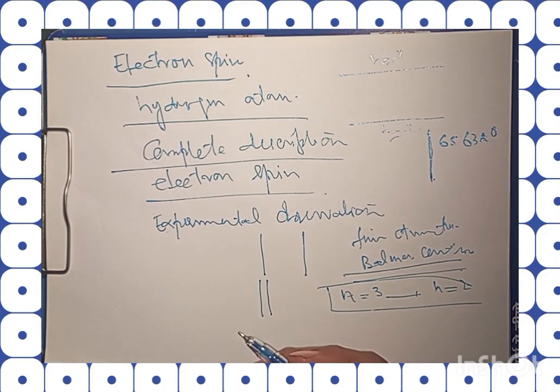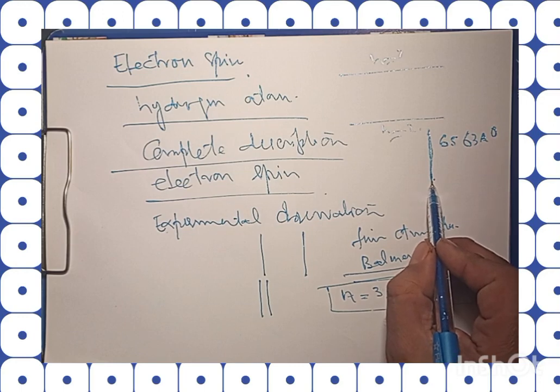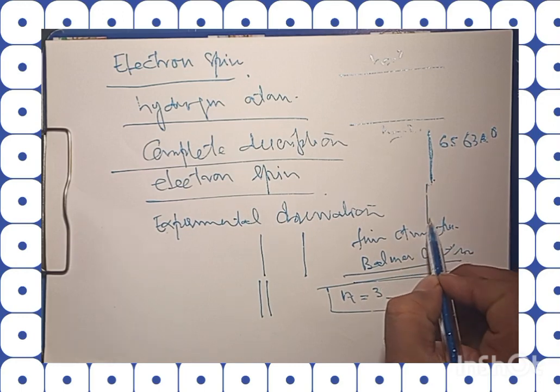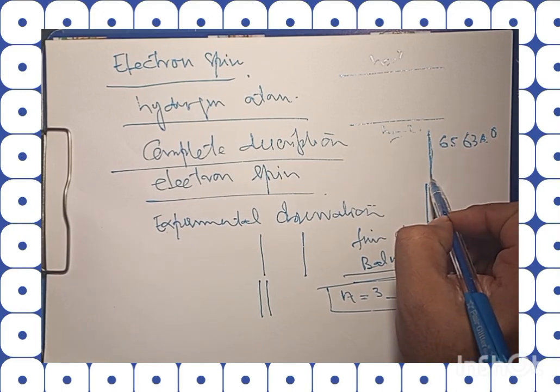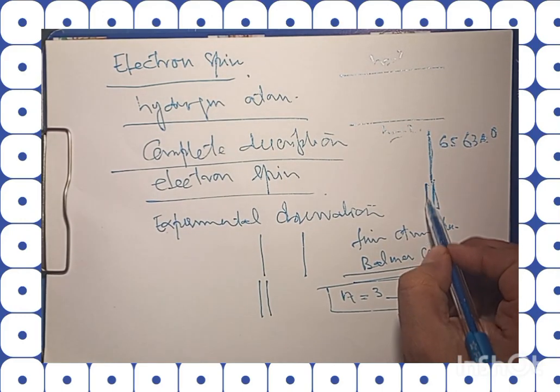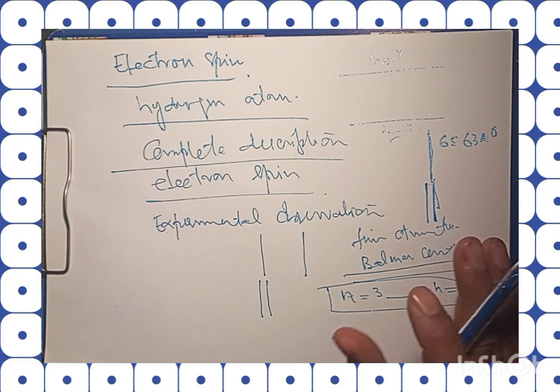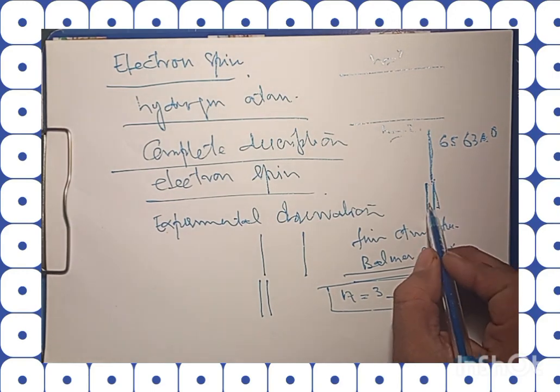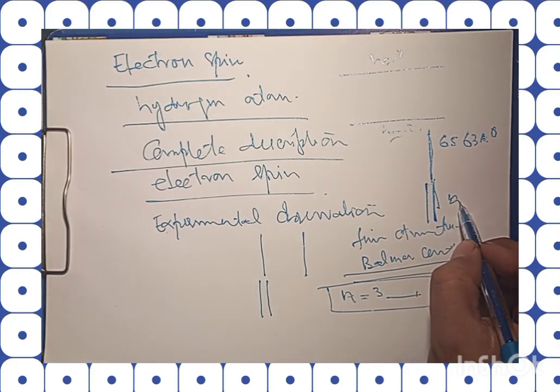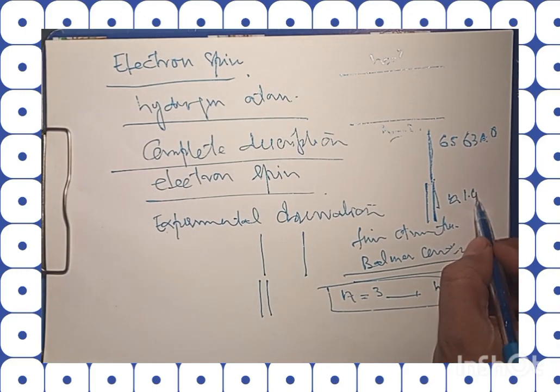But in reality, what we see is two closely spaced lines, and maybe this separation is of the order of 1.4 angstrom.